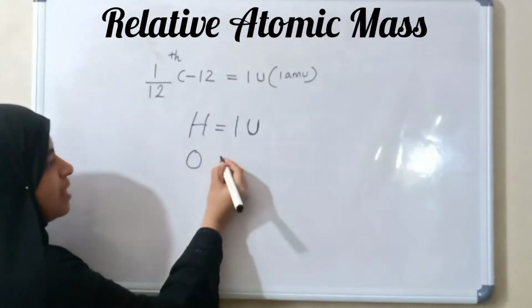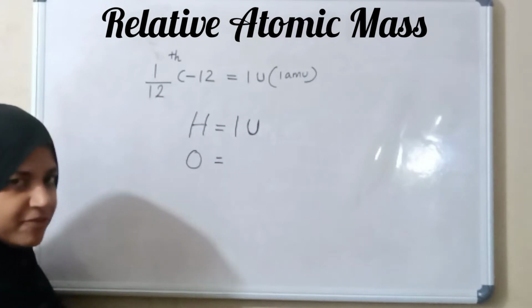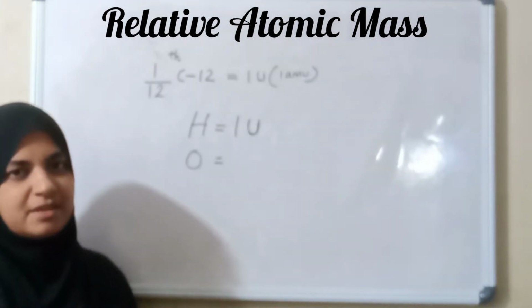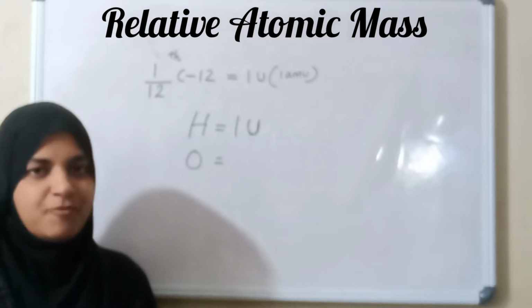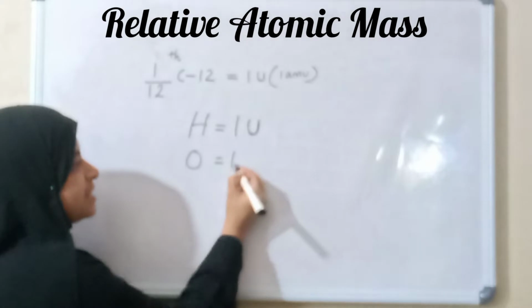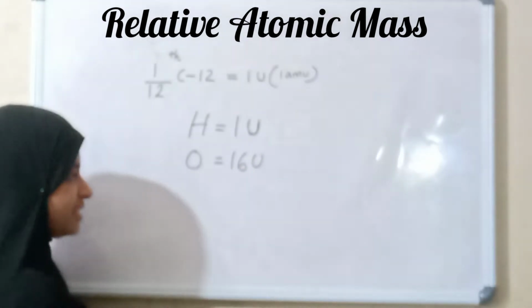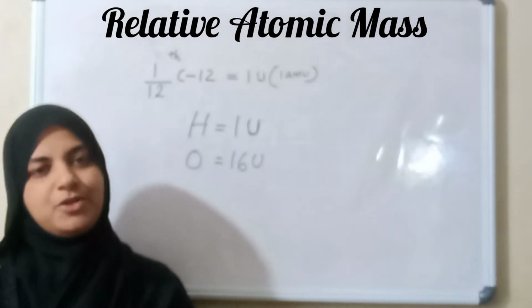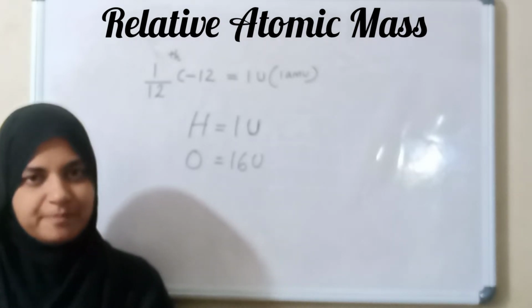oxygen. Oxygen's relative atomic mass, comparing with the 1/12th of carbon 12, is 16 U. That is 16 times higher than 1/12th of carbon 12.